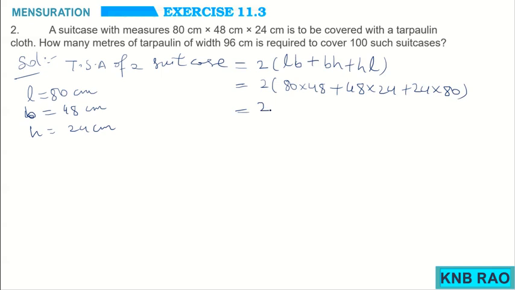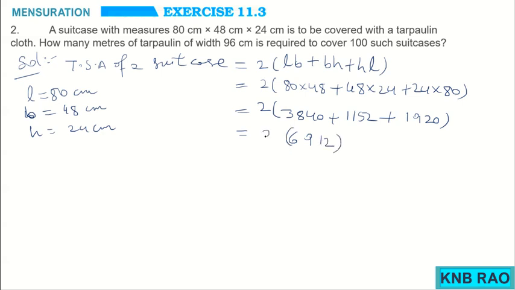Now, on multiplication, 80 into 48 is 3840, plus 48 into 24 is 1152. Next, the product of 24 and 80 is 1920, and adding these three numbers gives you 6912.